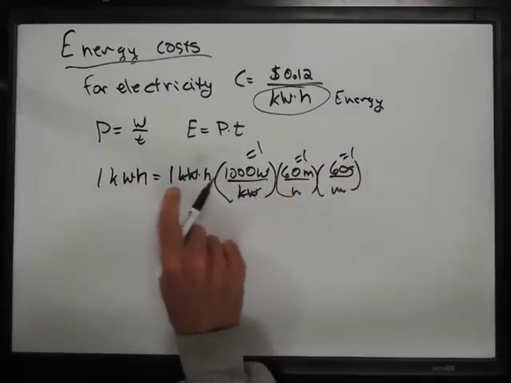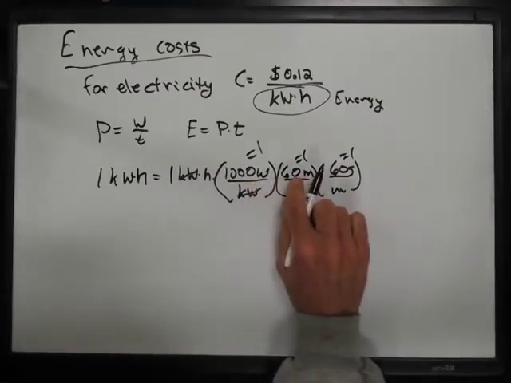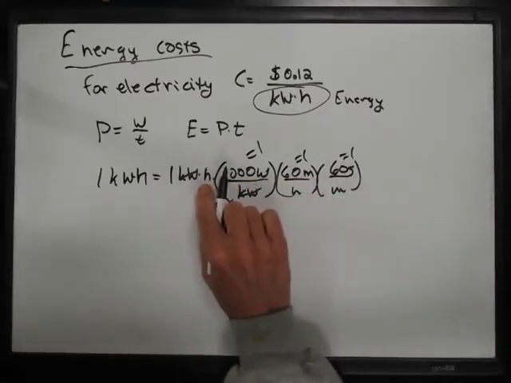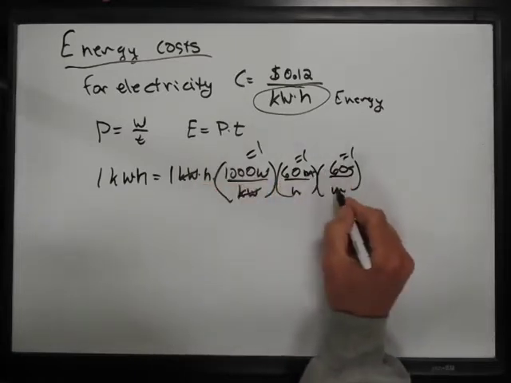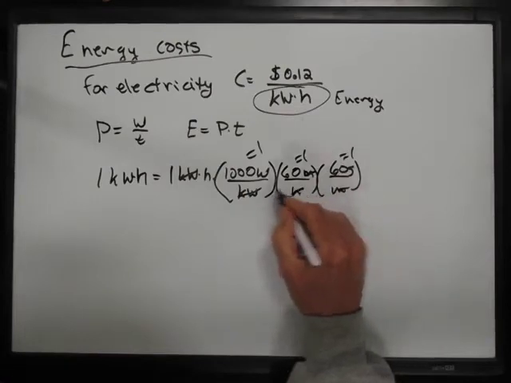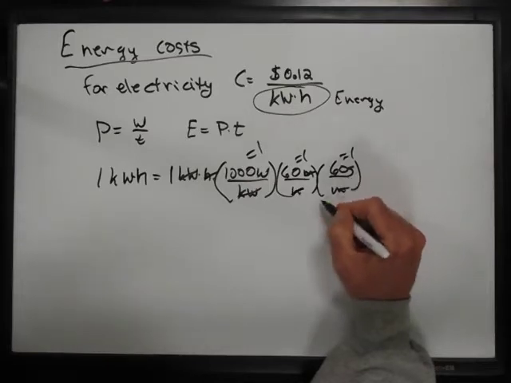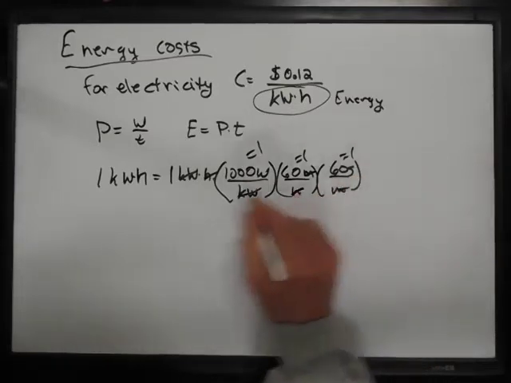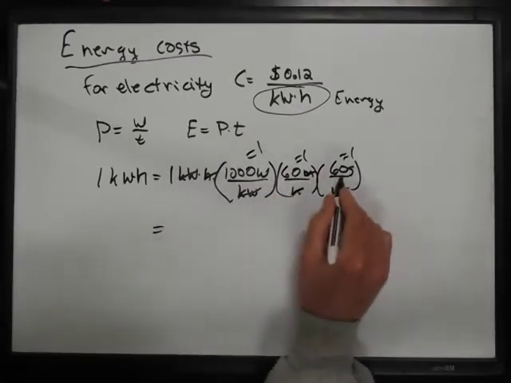And so I have a kilowatt hour is equal to 1,000 watts times 60 minutes times 60 seconds. The minutes cancel, the hours cancel, right? And I'm left with seconds. The seconds don't cancel, right? And so this becomes 1,000 times 60 times 60. 60 times 60 is 3,600.